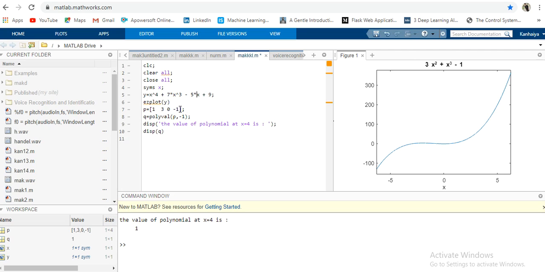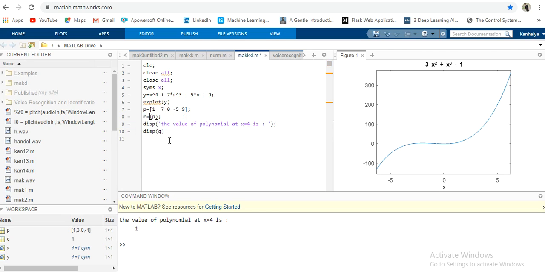Okay, now we will put the coefficients 1 7 0 minus 5 and 9. That's 5 coefficients. Now we don't have to find the value of the polynomial, we have to find the roots of the polynomial. So we will not specify that, and we will take it into a variable r, and we will not use polyval.